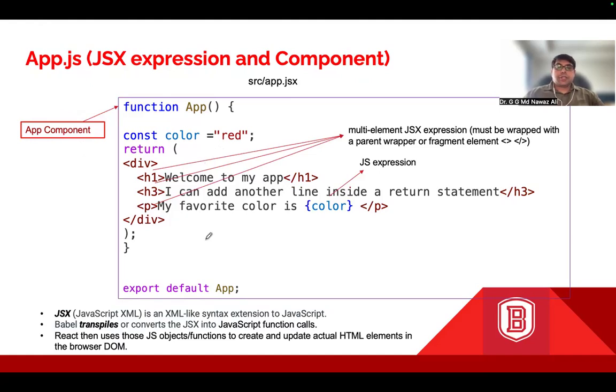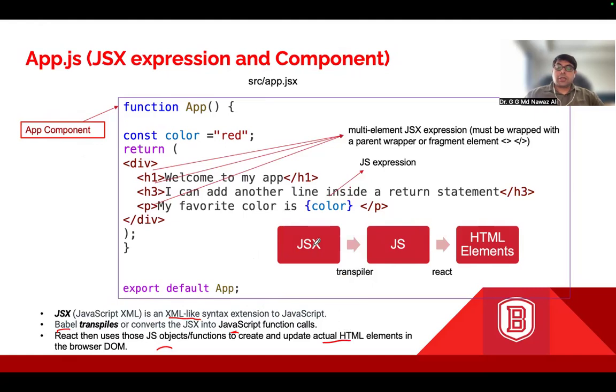JSX is an XML-like syntax, which React processes using a transpiler called Babel, which converts the JSX into JavaScript function calls. Then React uses those converted function calls or objects to render the actual HTML elements. That's how it works.